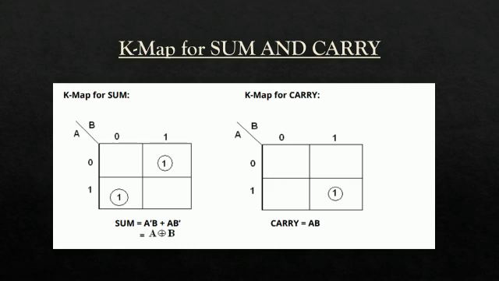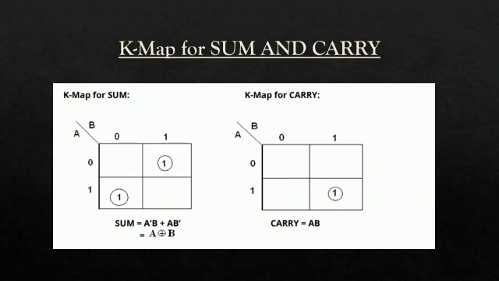For example, in the K-map for sum, you have two 1s here. First one is what you get if you put the input as 0 1. So in place of 0, you have to put A complement, and in the place of 1, you have to put B. And if you give input as 1 0, then you will get a 1 in the output.